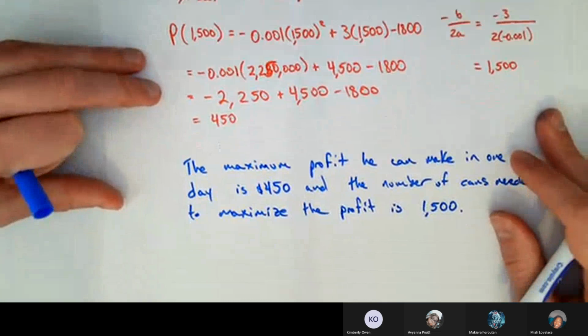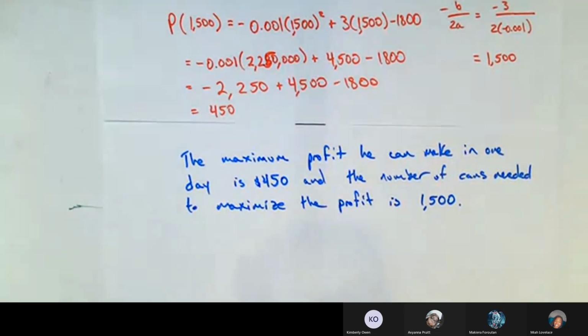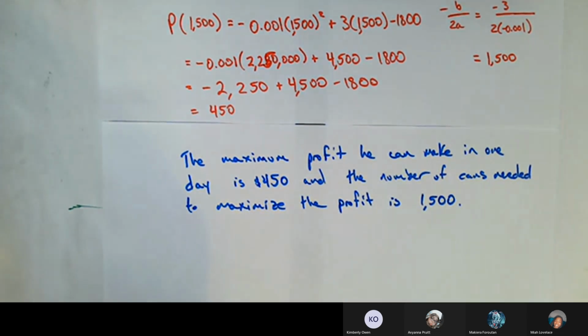Okay, so based off of our math, the maximum profit he can make in one day is $450. And the number of cans he needs to be able to sell to maximize profit is 1,500. Okay. What else can I say about this?